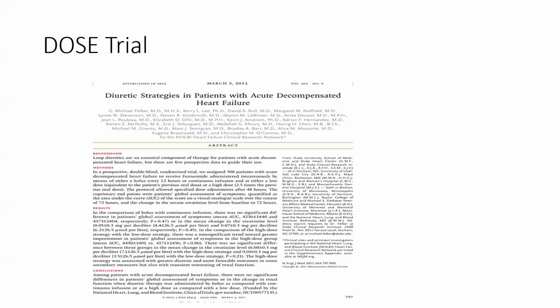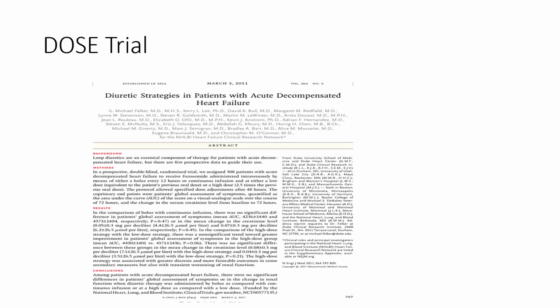2011, the DOSE trial was published, which was on diuretic strategies in patients with acute decompensated heart failure. Loop diuretics were an essential component of therapy for patients with acute decompensated heart failure.